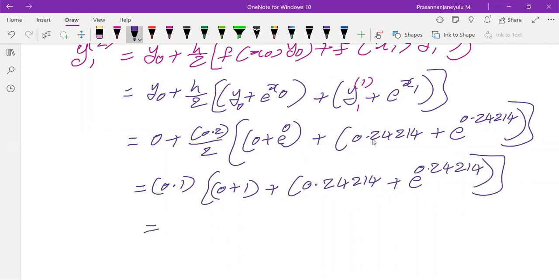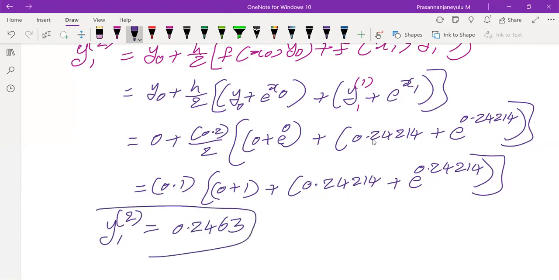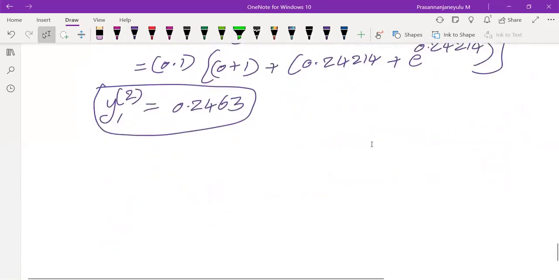If we do the calculation of this, we'll get the second approximation of y1 value as something like 0.2463. Okay, so if you want, you can go for the third approximation also. Better, I'll go for the third approximation.